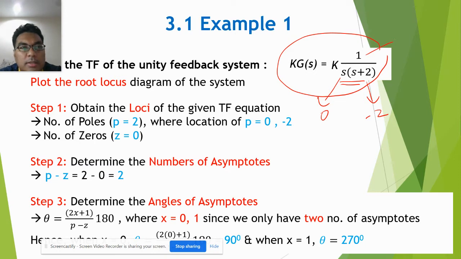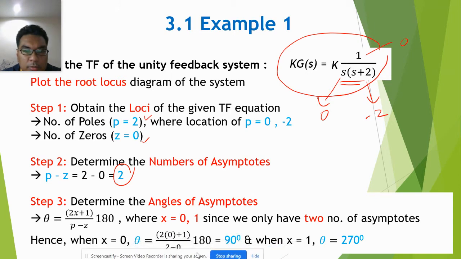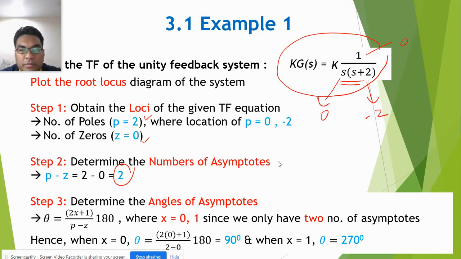There is no s in the numerator, so it means there is no zero. So to determine the number of asymptotes, you take p minus z, 2 minus 0, and you get a value of 2. Okay, the next one is to determine the angles of asymptotes, using these equations.